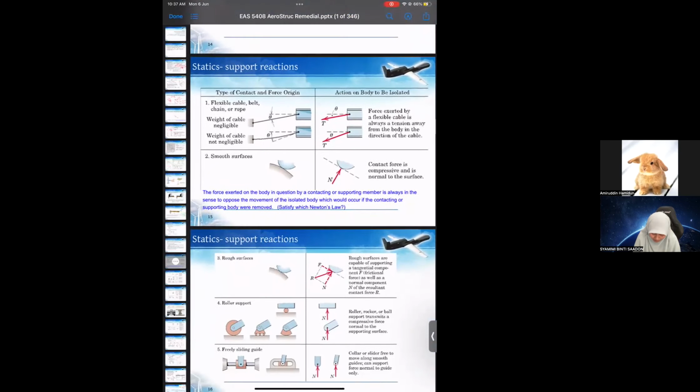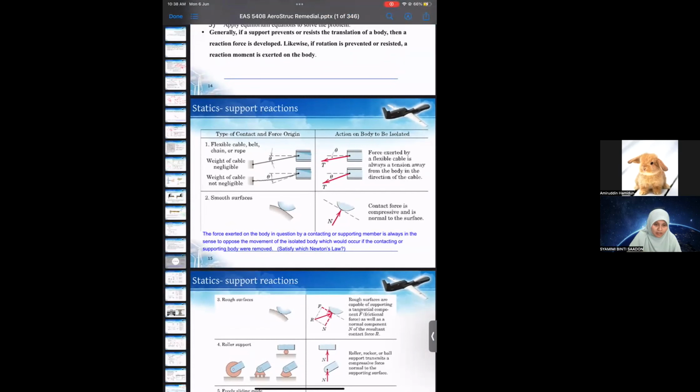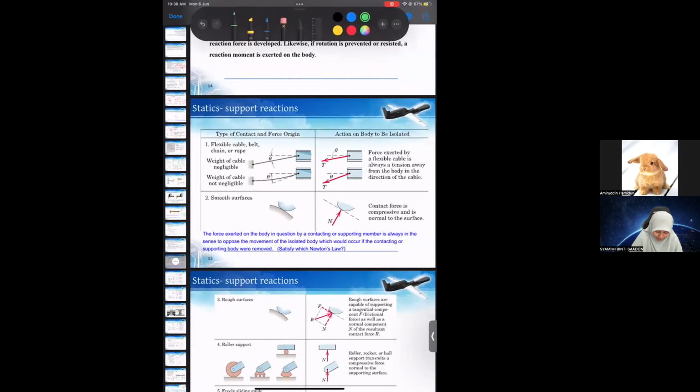The first one: if you have a flexible cable, belt, chain, or rope, and a force is exerted on the cable, for example force T here, we represent the tension force acting as T, and the force will be in this direction, due to the tension force caused by the rope.